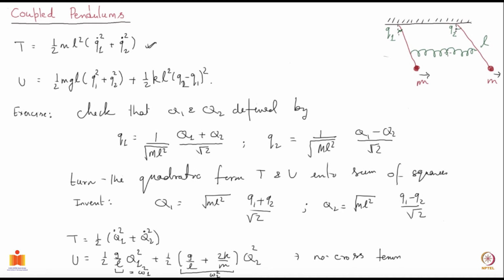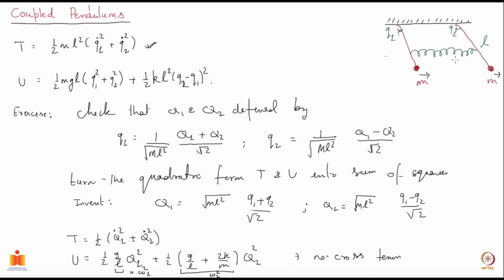And clearly when Q1 is 0 and the other mode is activated, these two are going in opposite directions, right? Because when Q1 is 0, you get small q1 equal to minus small q2. And in that mode, this spring is getting stretched or compressed. So more potential energy is stored in that mode.